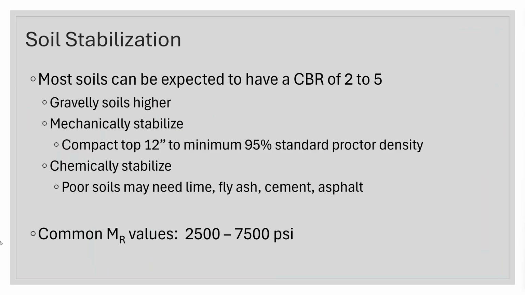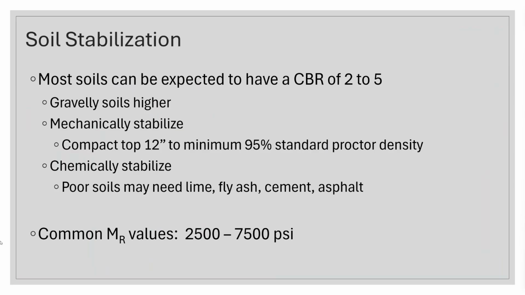We can also do some things chemically that will help stabilize a soil. Some really poor soils might need lime. So lime stabilization on a clay type material is a very common thing you might see. You can also use fly ash or cement. Even asphalt emulsions sometimes are used to help stabilize a subgrade soil.